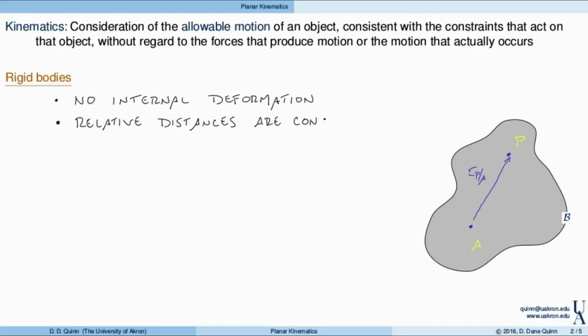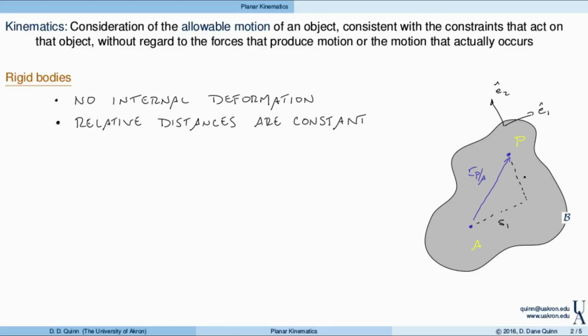So in particular, if I were to describe basis vectors, E1 and E2, that were fixed in this object, B, then I could say, okay, the position of P with respect to A in the E1 direction might be a distance S1.